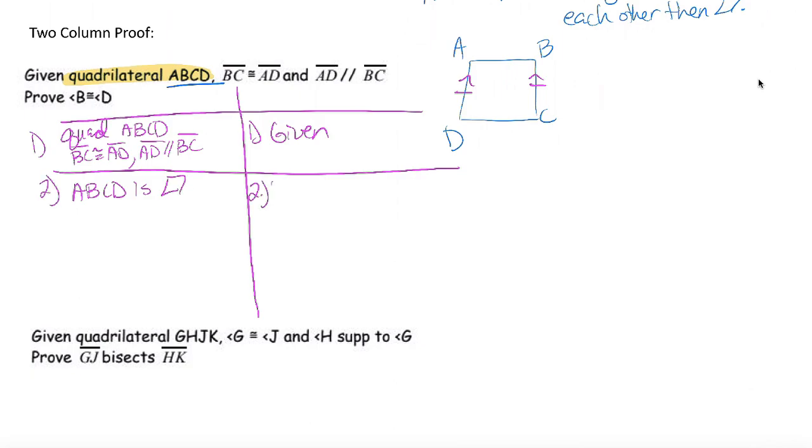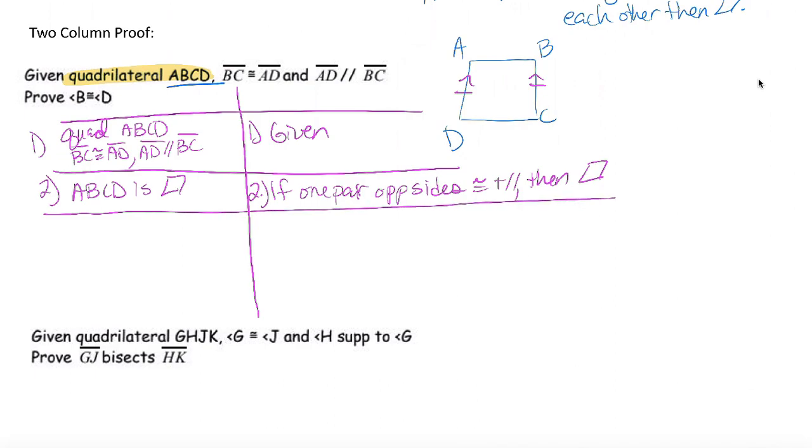And I'm going to say if one pair opposite sides congruent and parallel, then parallelogram. If I have a parallelogram, then my opposite angles, B and D, are congruent to each other. So we're ready to say our goal.